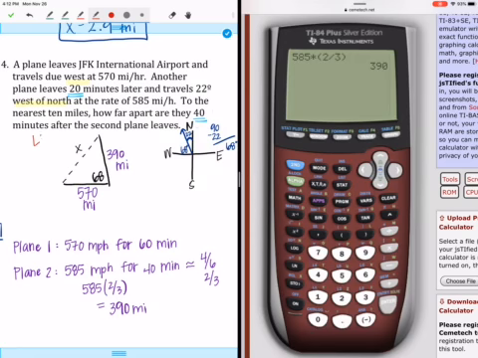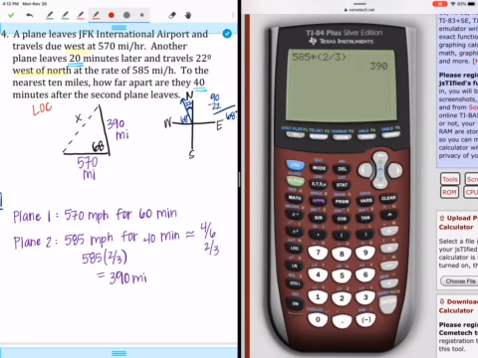So this would be a law of cosines setup. I'm running out of space down here, but we would say x squared equals 570 squared plus 390 squared, minus 2 times both of those values, times cosine 68.